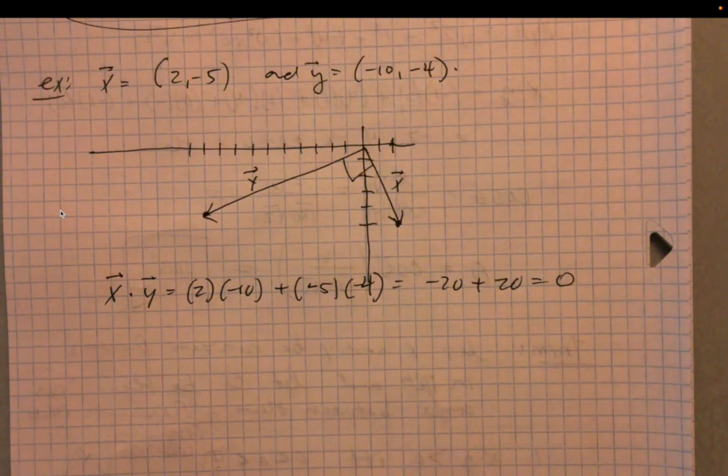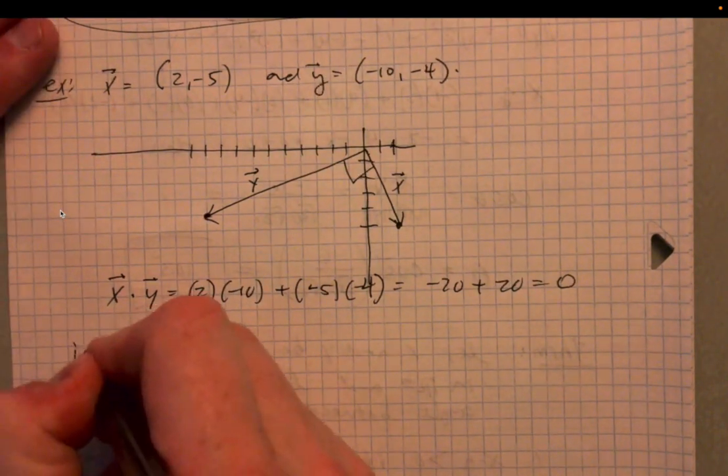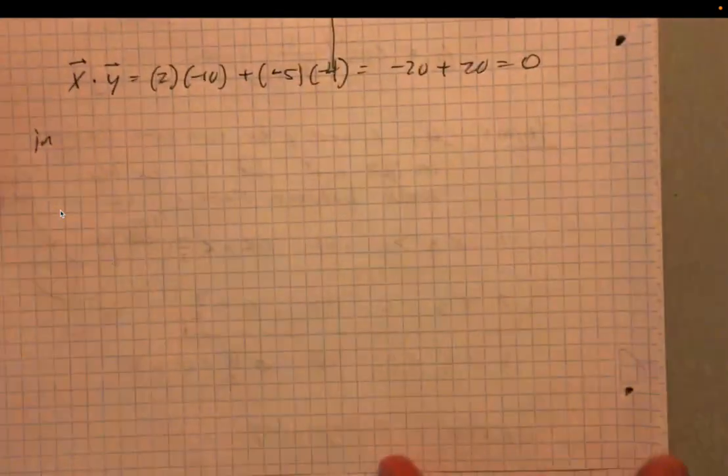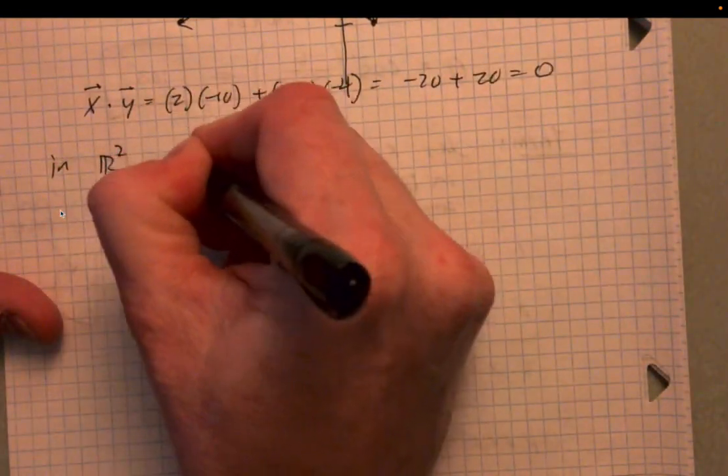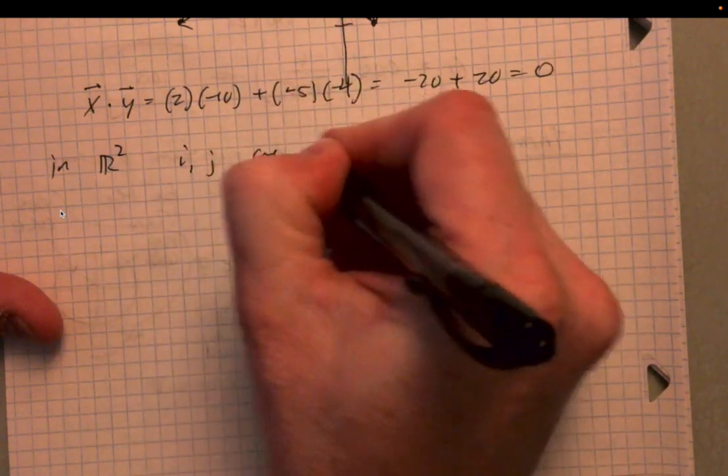Now we can easily come up with orthogonal sets of vectors by using the standard unit vectors, right? So in R2, i and j are orthogonal.